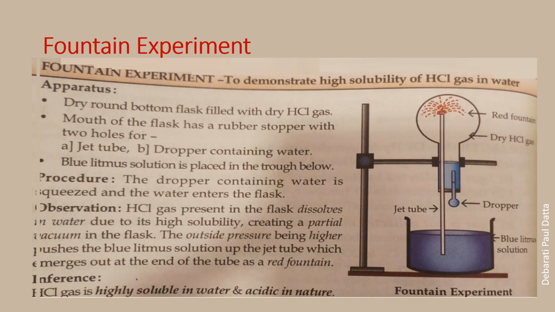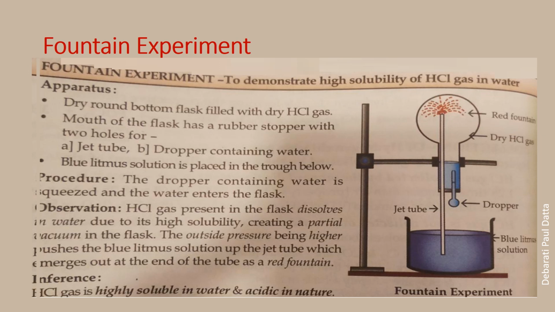Now blue litmus solution is placed in a beaker. Okay. Now how to proceed? You can see the setup of the apparatus. Now the procedure is the dropper containing water is squeezed inside the flask. So what happens?